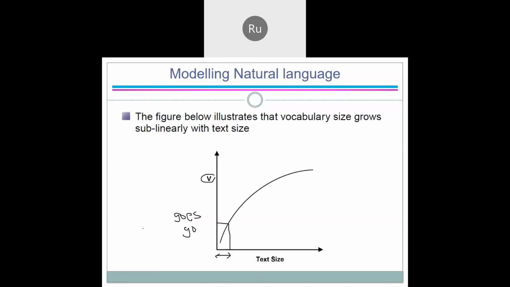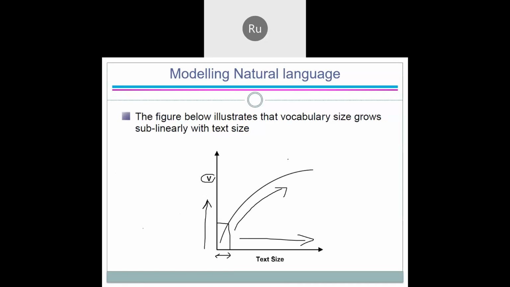Let me repeat that one. Over here refers to the number of different, or unique, terms that you have, and this one refers to the text size. They are saying that when you are allowed to have more symbols, then you have more vocabulary.